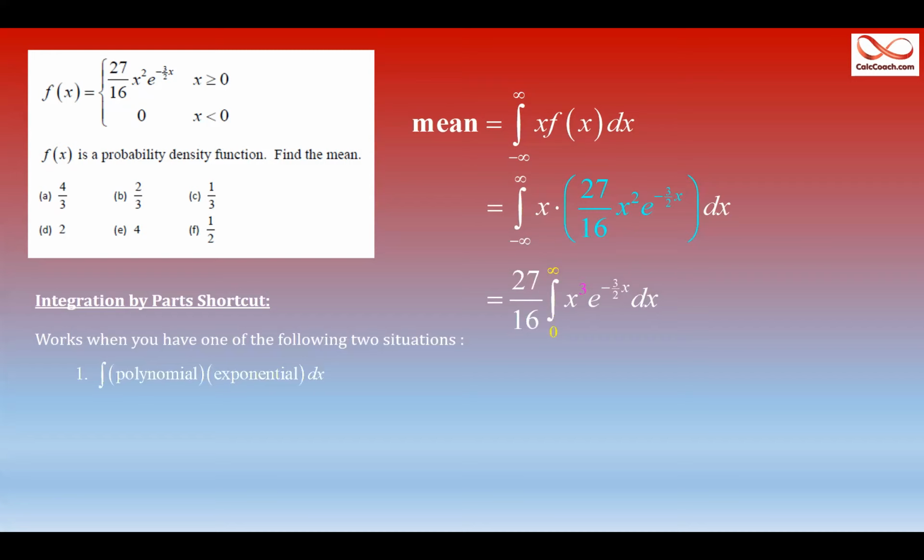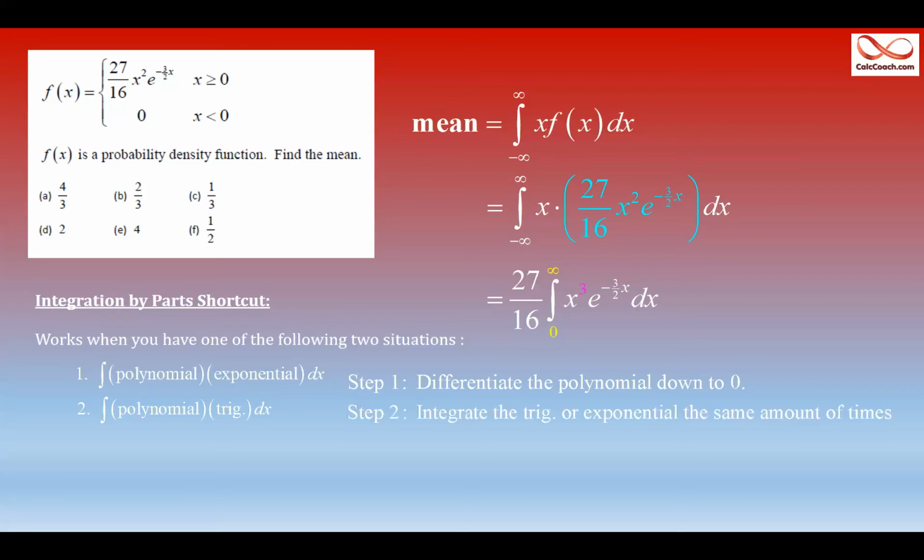The shortcut works when you have a polynomial times an exponential or a polynomial times a trig that you can integrate. What is the shortcut? Well, let me just give it to you quickly. There's steps to it. Step 1 is to differentiate the polynomial down to 0. And at the same time, you want to move to step 2, which is to integrate the exponential or the trig the same amount of times.